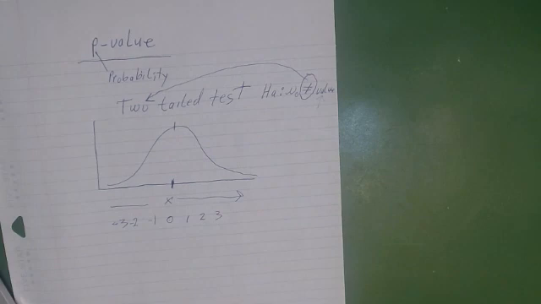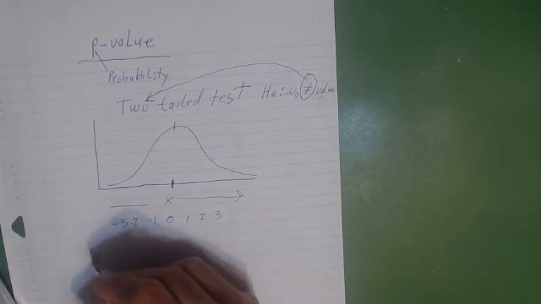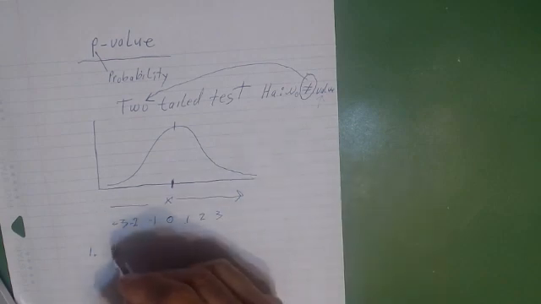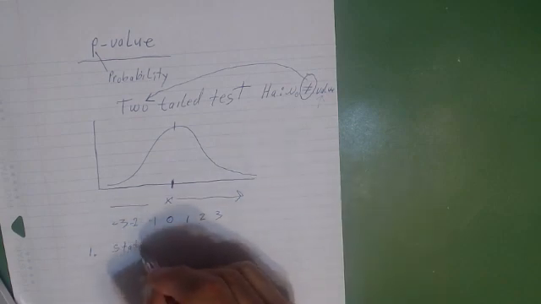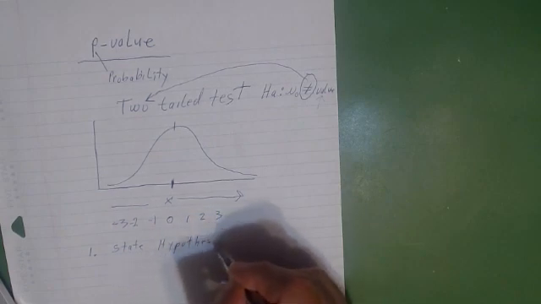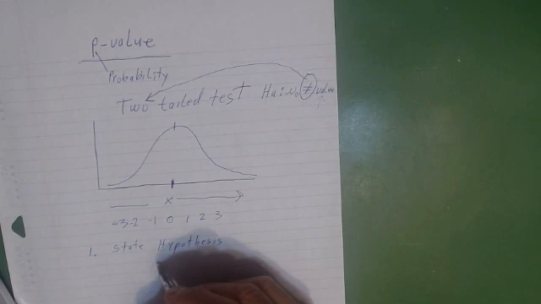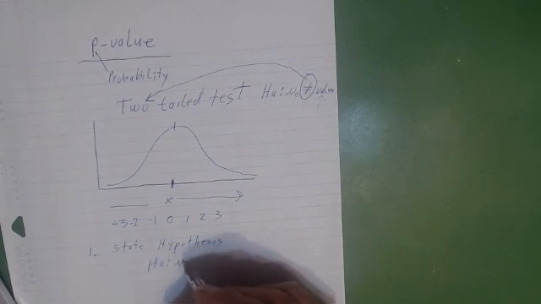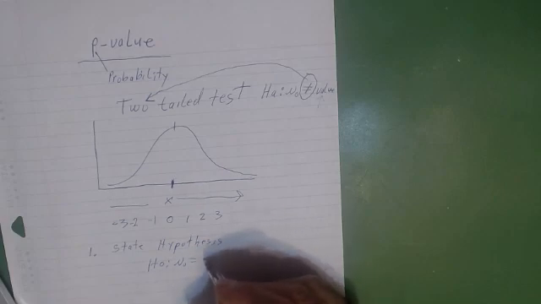And here's what you do: you have to state your hypothesis. So you say H0, mu naught equals some value, right? Whatever that value is.